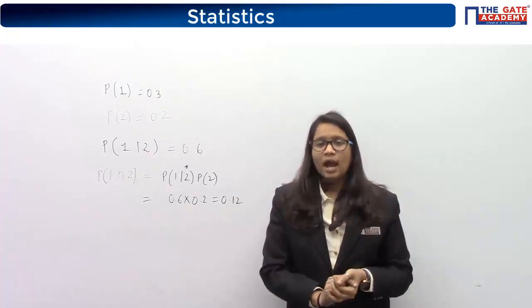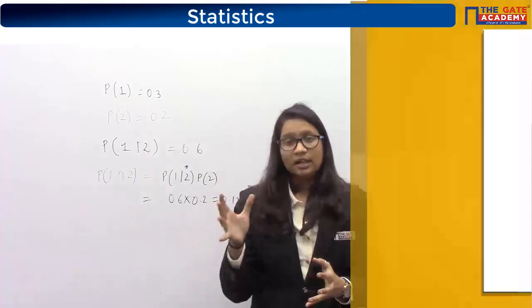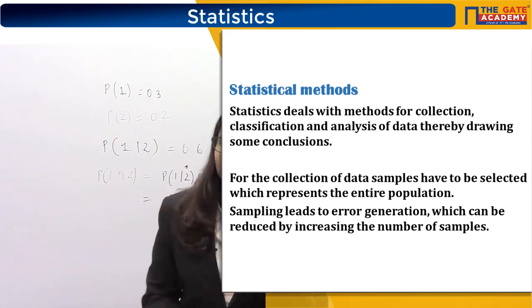Okay, there are various statistical methods, and statistics basically deals with the collection. How do you collect the data? Then classification means how do you classify or write the data. If you write that data in a tabular form, or in a graphical form, all those are known as classification. And then how do you analyze data?